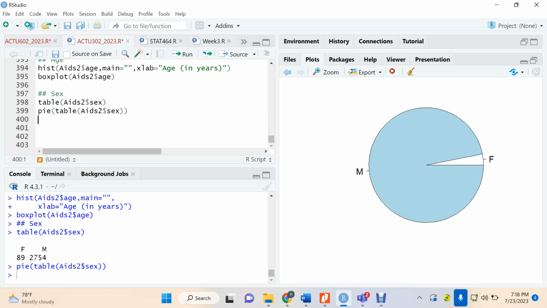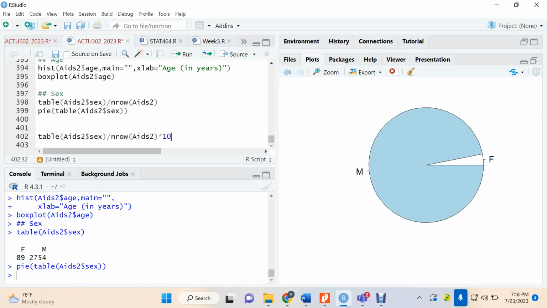If you want to use the table as well, we can even do the prop table here. If I do this, I can divide by the number of rows of A's2, or the length of the sex, whichever way you want to look at it. I can multiply by 100, and that will give me the percentages.